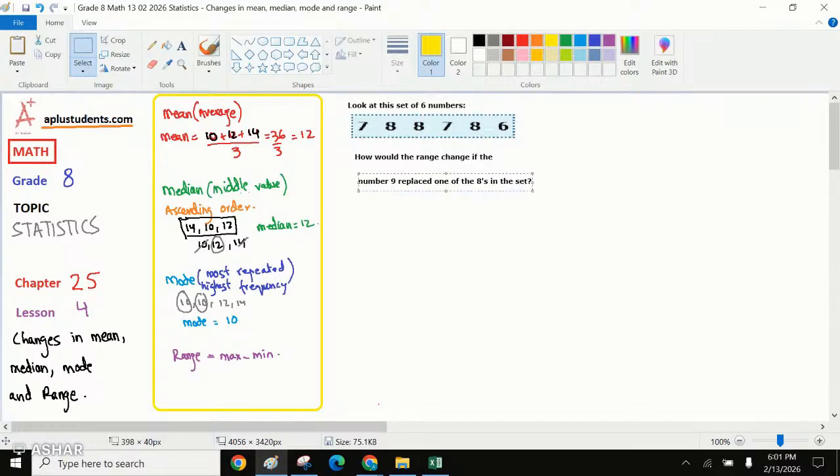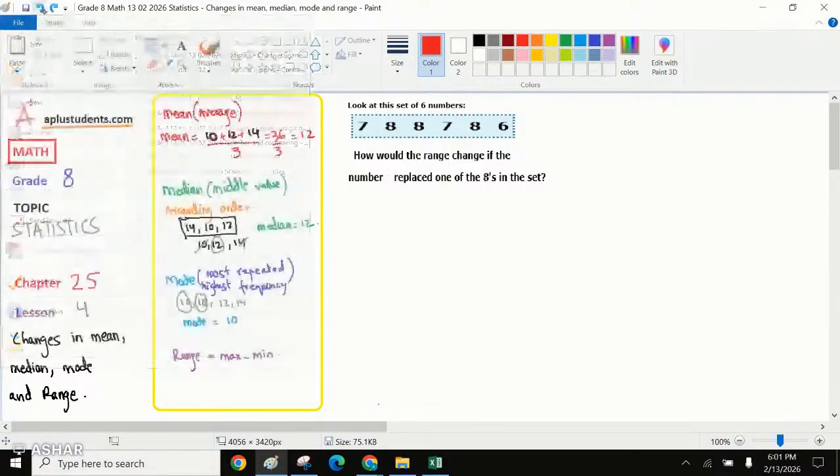There's a typing error, I think. Let's change this. How would the range change if the number 8 is replaced by a 9? Number 9, sorry.